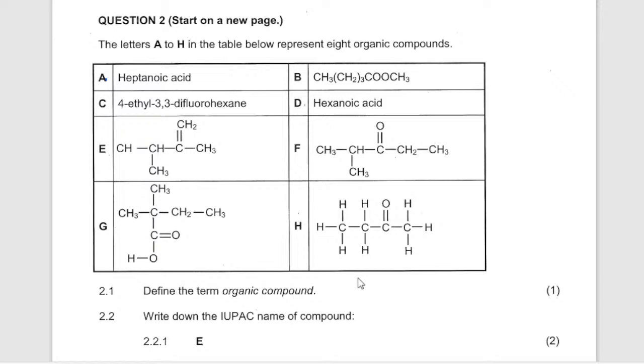If it's more than one, they must be linked to one another. That's why we say carbon has the ability of catenation, joining one carbon atom with another and forming a long chain. It's one of the good properties of carbon. So basically that's an organic molecule.